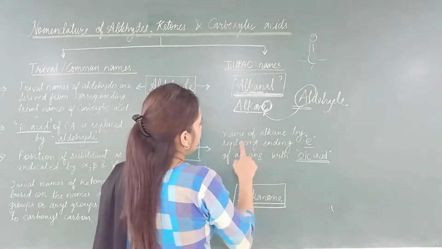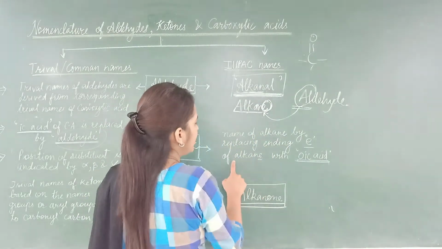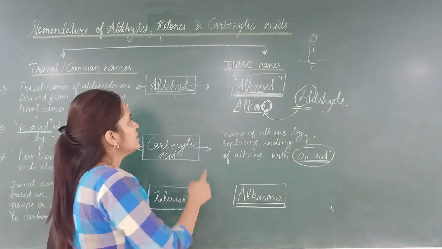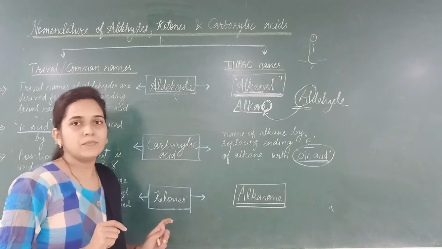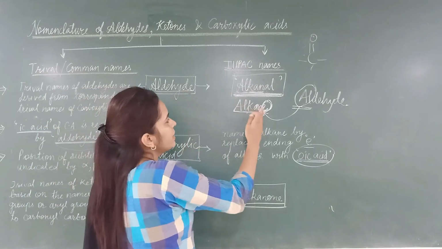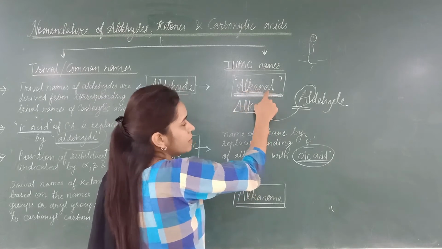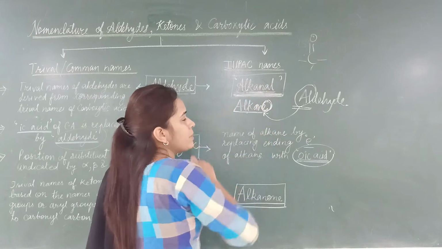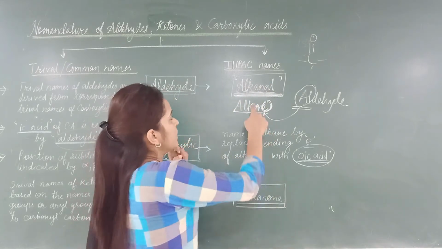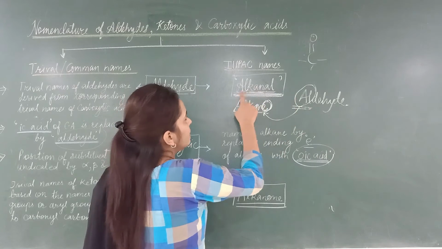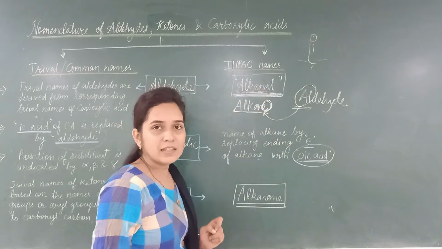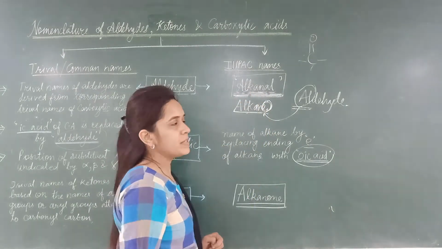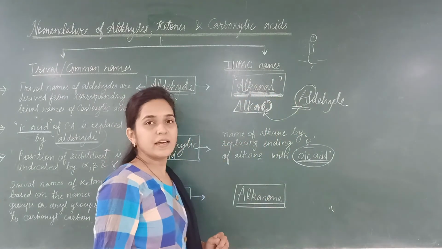The name of the alkane, by replacing the ending E of alkane with oic acid, will be the IUPAC name for a carboxylic acid. The IUPAC name for an aldehyde is alkanal. You have to learn this format because you have to write the IUPAC name in this format. So alkane plus aldehyde gives the name alkanal. How has this name come? The E of alkane has been replaced by the Al of aldehyde.